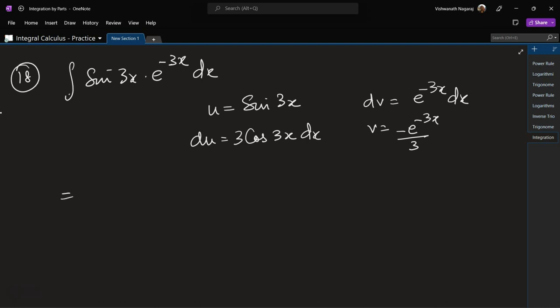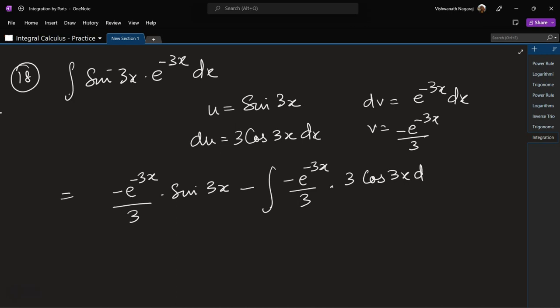Okay. So now assembling the parts, we have uv. So minus e to the power of minus 3x by 3 sine of 3x minus integral of v du. So minus e to the power of minus 3x by 3 times 3 cos 3x dx. 3 and 3 cancel, minus and minus cancel, so it becomes plus.